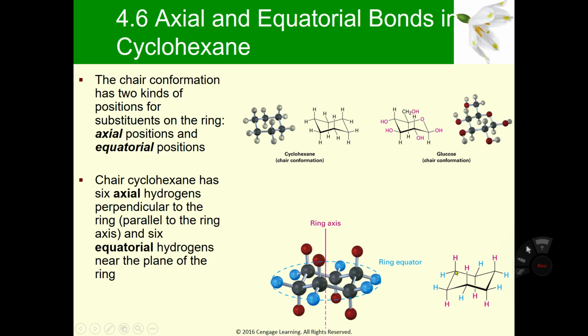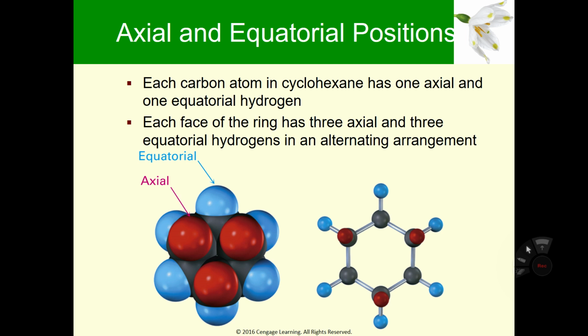So if you look at the 12 hydrogens of the cyclohexane, we can divide them into 2 groups. One group is 6 axial hydrogens, and the other group is 6 equatorial hydrogens. Here is the more realistic structure of a cyclohexane ring.